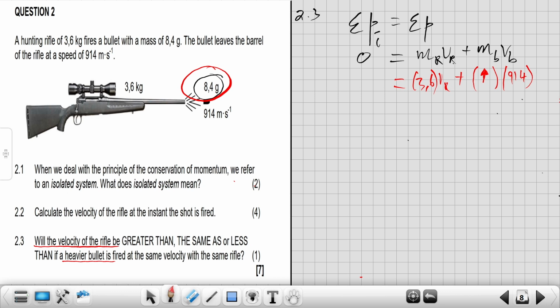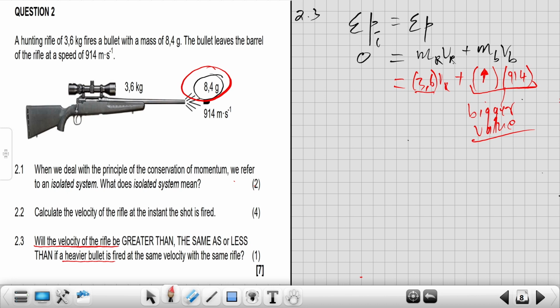So solving and trying to find the correct answer for VR, it means VR will be higher, because now I am multiplying with a bigger mass, so I'm going to get a bigger value here. So VR also will be big, because I will still be dividing by 3.6.